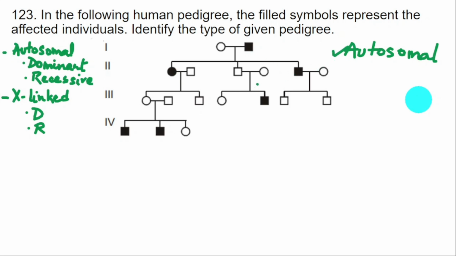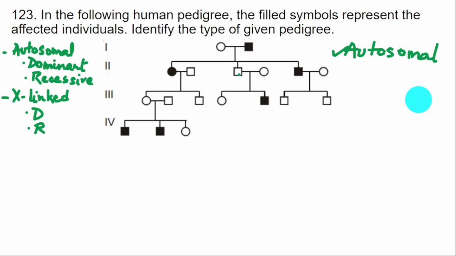Now dominant. A dominant affected allele will express in every generation. So if we compare this and this lineage, so father is affected, son is affected, but the grandsons are not affected. In this case, father is affected, then the son is not affected, but grandson is affected.